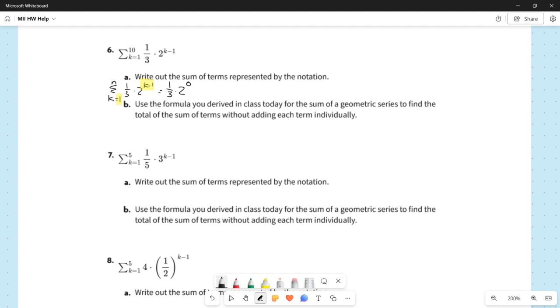If you're not that comfortable with sigma notation, I would pause here and make sure you understand where this first term came from. We're starting with a 1, because that's what our sigma notation tells us. It says k equals 1, and when you plug in a 1, your exponent becomes 1 minus 1, which is 0.